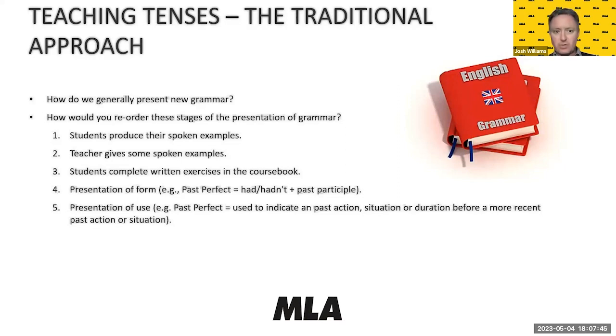are the traditional approaches. I would imagine that a lot of people, or at least the books, generally start, and J's in there, with 4, the presentation of the form, would tell you the form, tell you the name, and then probably move on to the use, to explain the use, and then they do some written exercises, you get some spoken examples, and then the students produce their spoken examples.